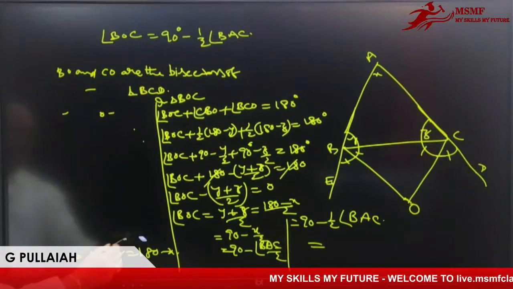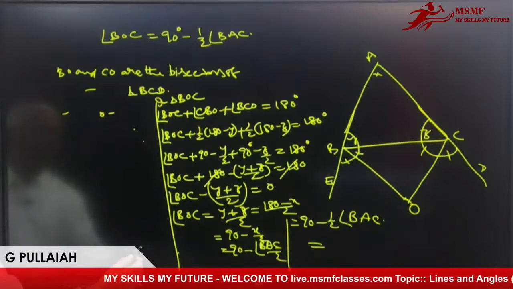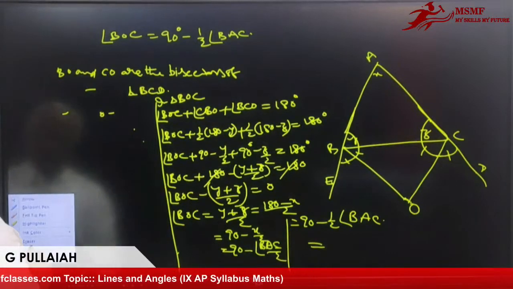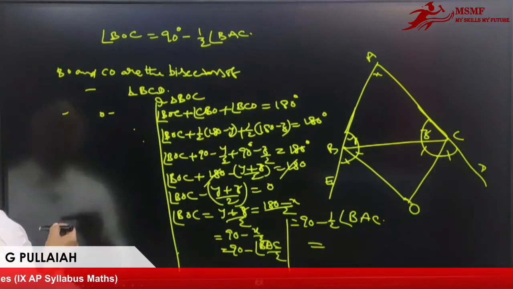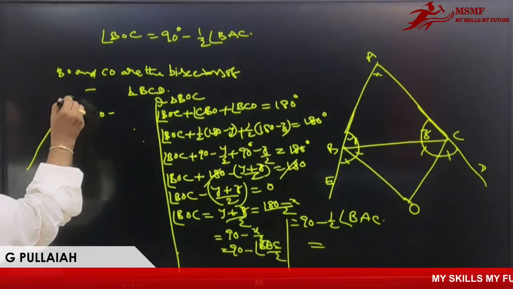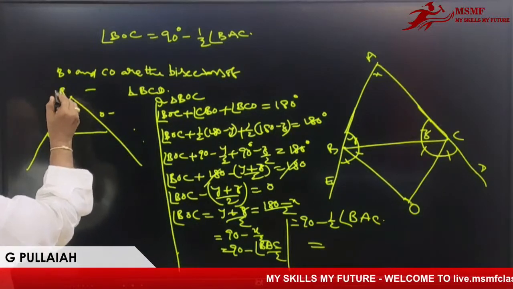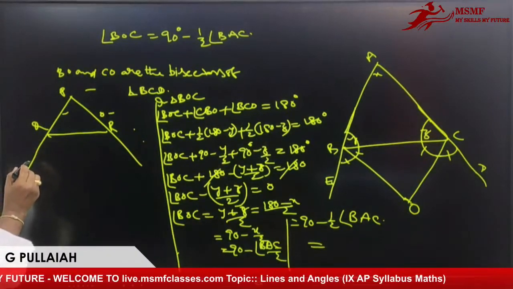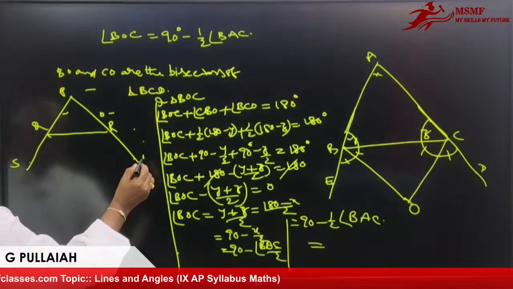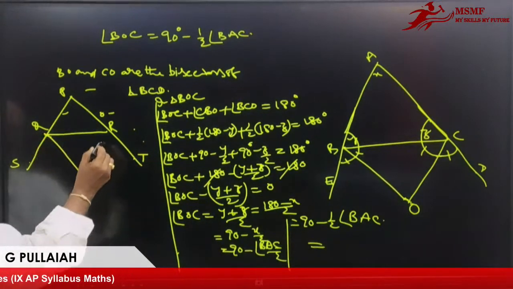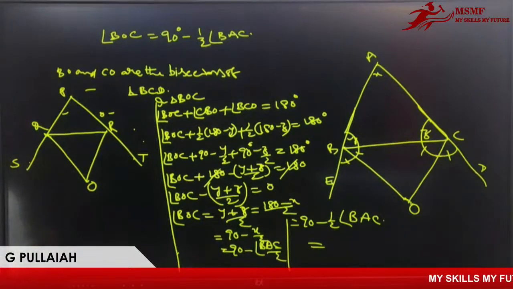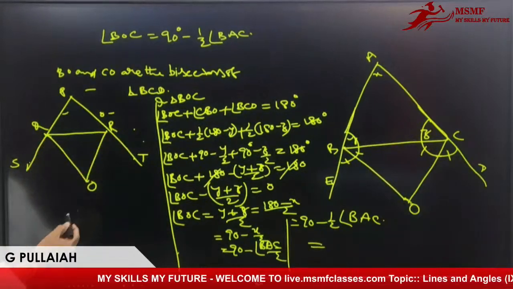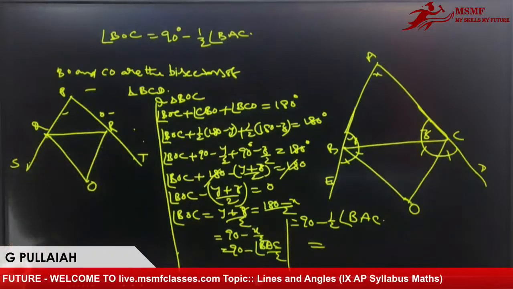Think very carefully, please. Now let us say, for example, triangle PQR, with sides extended up to S and T. See QO is the bisector of angle SQR and RO is the bisector of angle QRT.